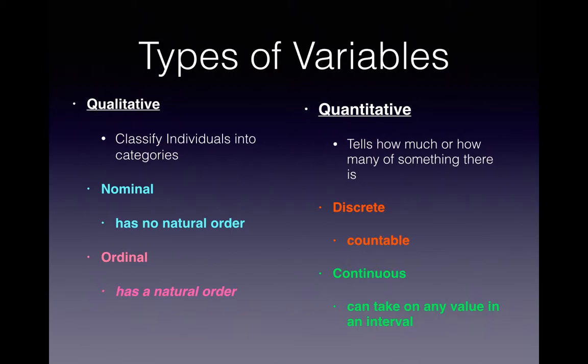specific interval. Okay, so when we think about discrete, again, what is your current age on your last birthday? Well, you were 18 years old. Or how many siblings do you have? I have 10 siblings. But if we're talking about a continuous variable, it's always changing. It can take on any value, and it's going to differ in so many different ways, like a person's height.